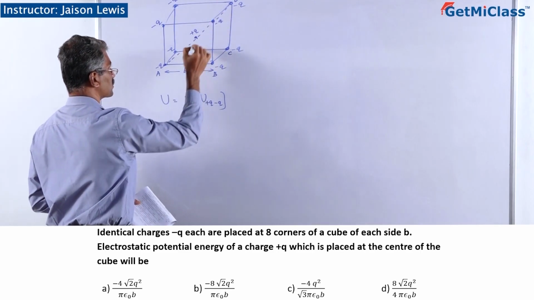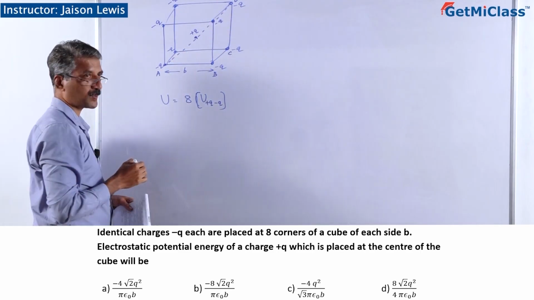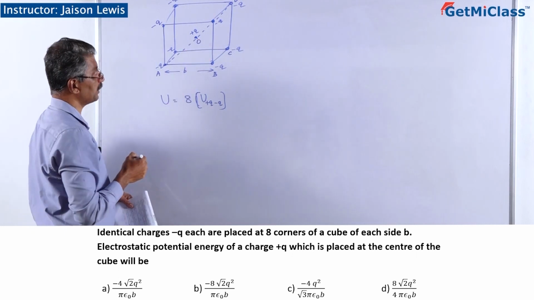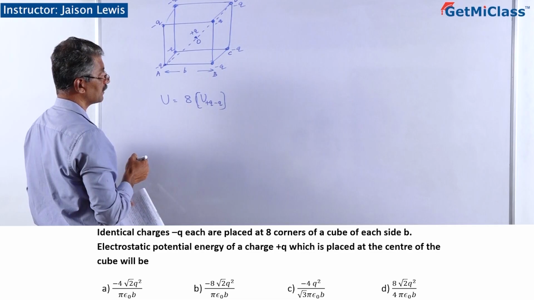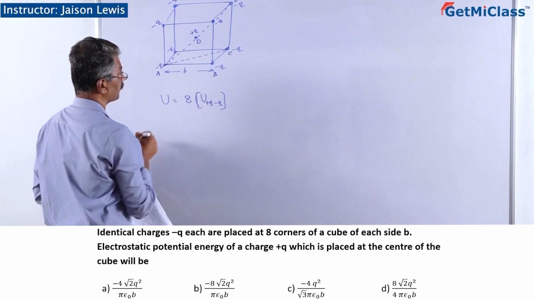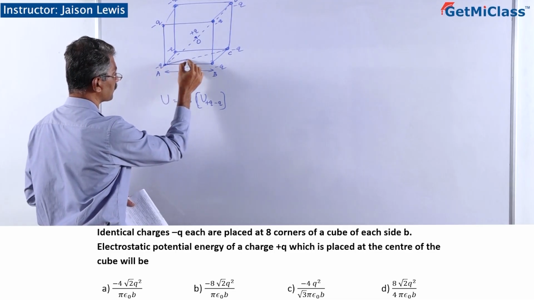Half of that distance is the distance required, that is O to A. To find that, we need the distance AC.